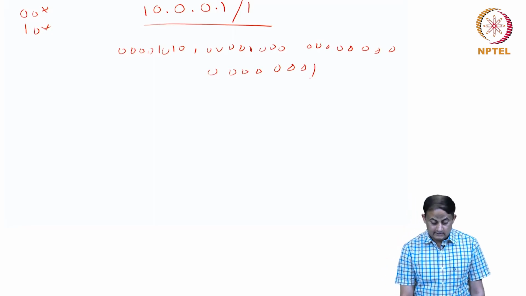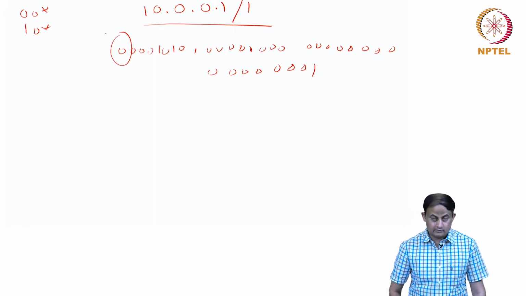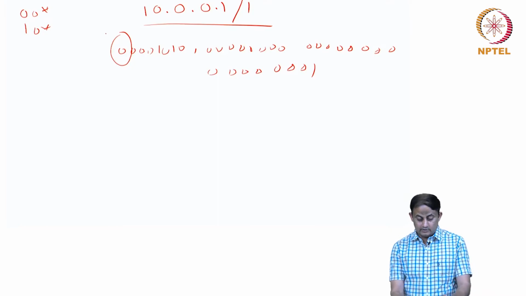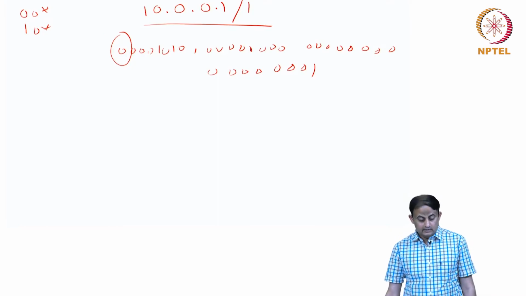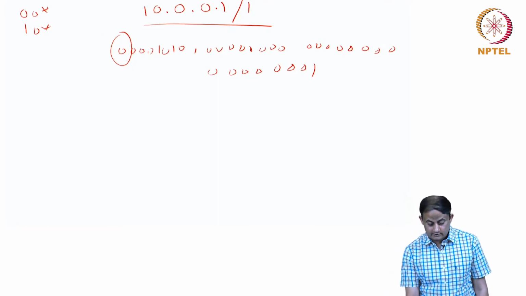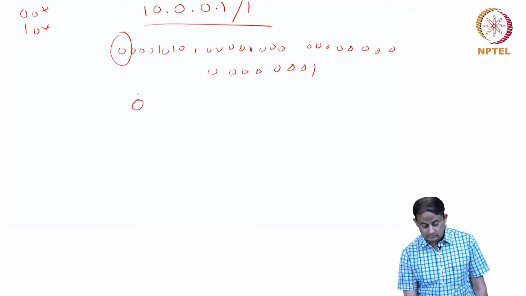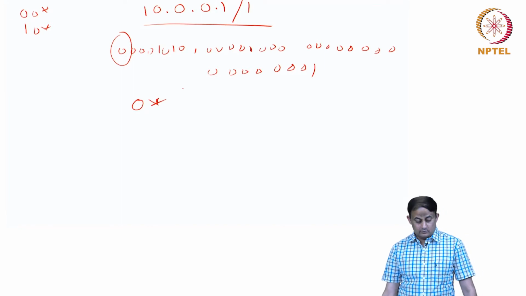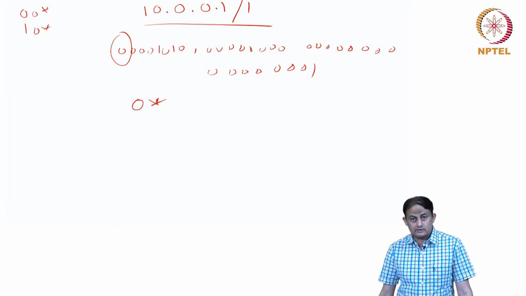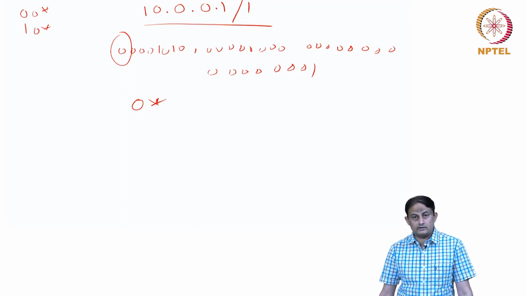So you take the first bit only, the network portion is actually only one bit because /1 is there. So the prefix corresponding to this expression is 0 followed by, irrespective of whatever is there, I don't care. So 0 star is the prefix corresponding to this CIDR notation.